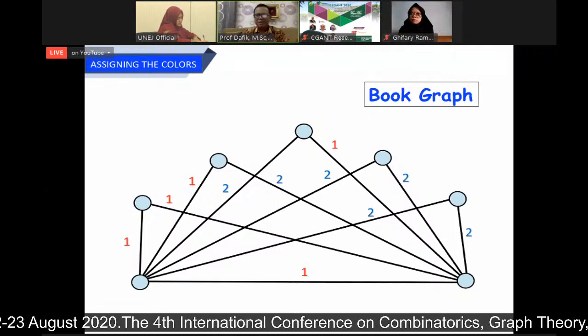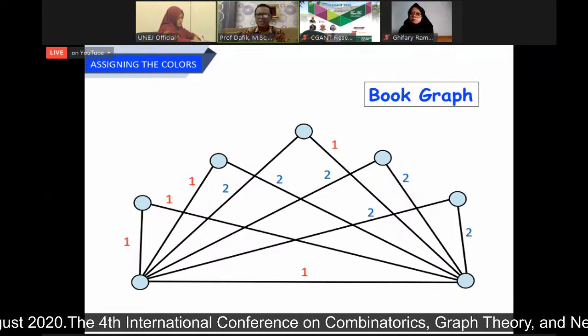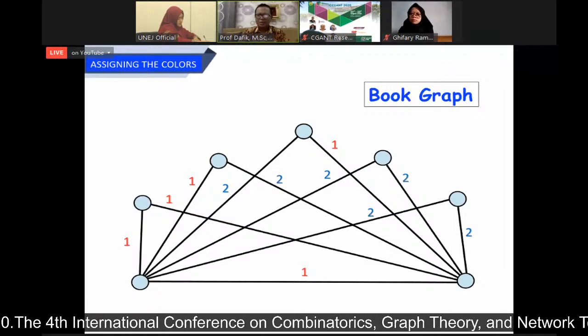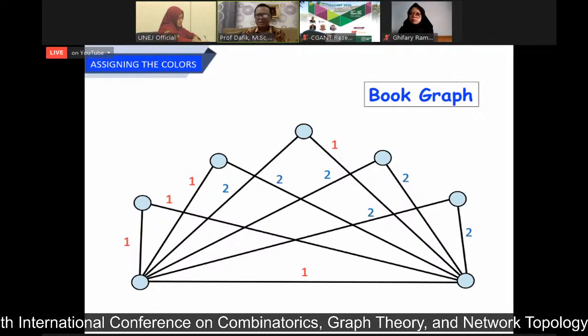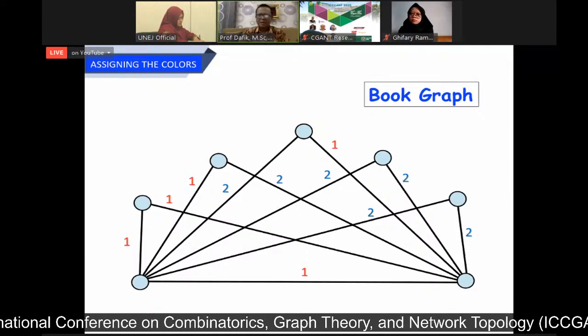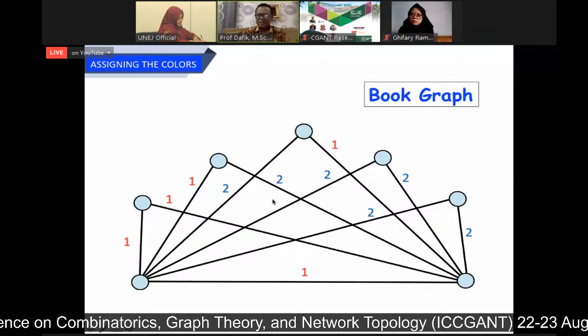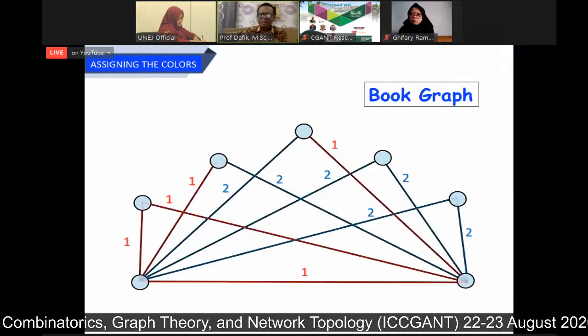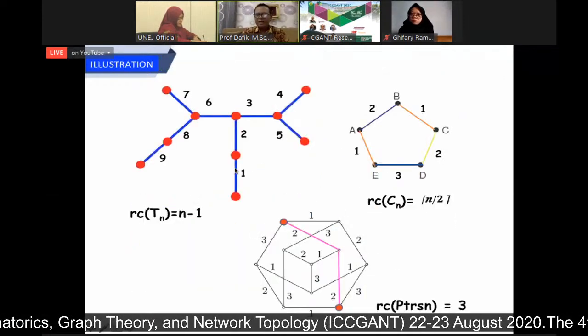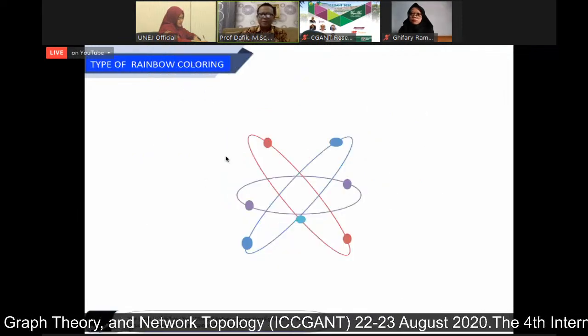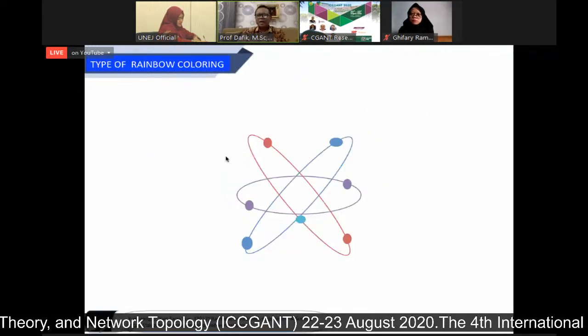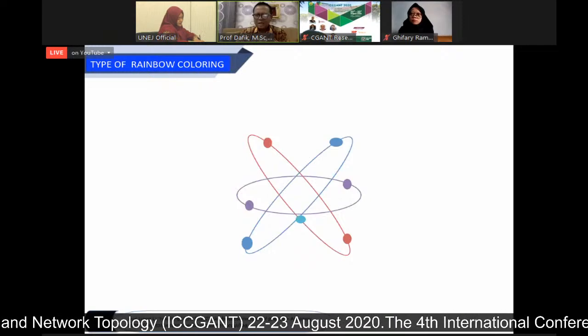It will be very complex, and it is considered non-polynomial time, even an NP-hard problem. Now, from these two notions, the first one anti-magic, the second one rainbow, we try to find a new notion.